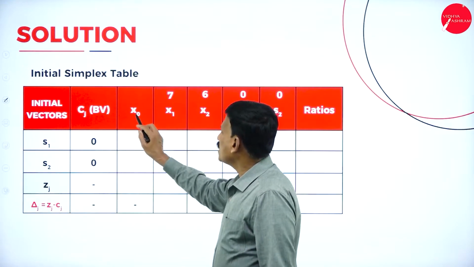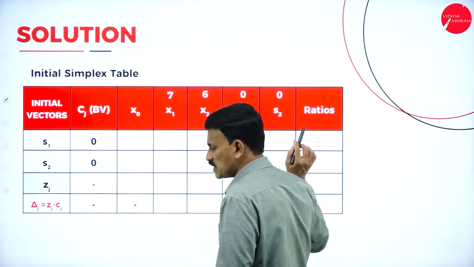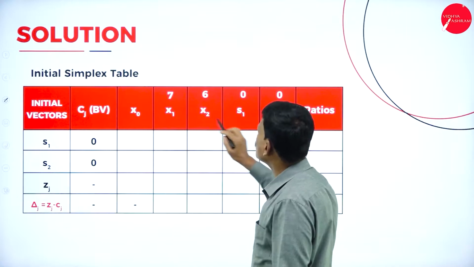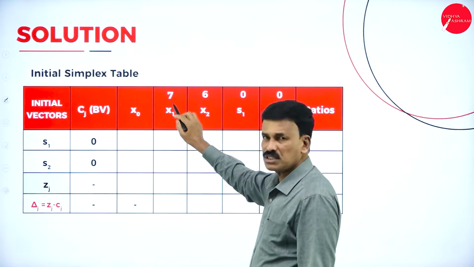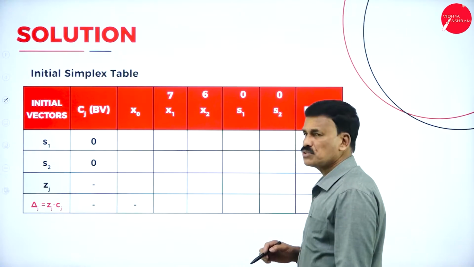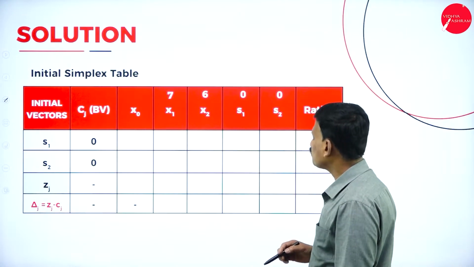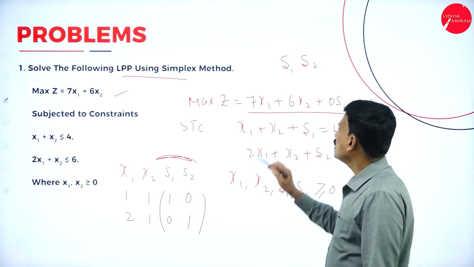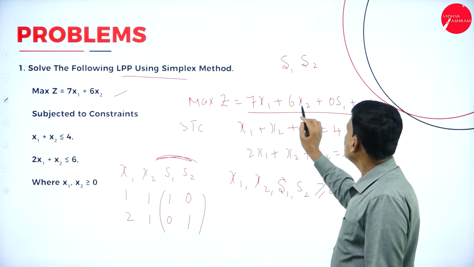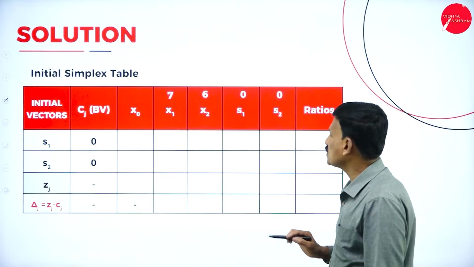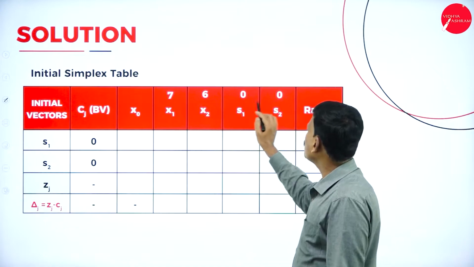Now write down the coefficients of the variables x1, x2, s1, s2, and the ratios. The coefficient of x1 is 7, x2 is 6, s1 is 0 and s2 is 0, that is from max z: 7, 6, 0 and 0.